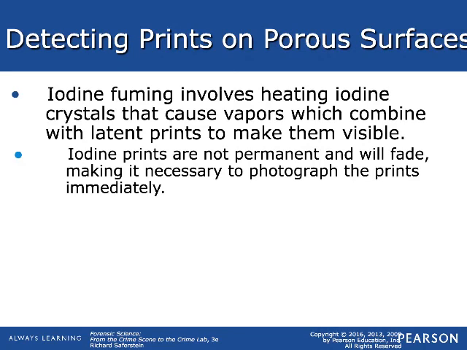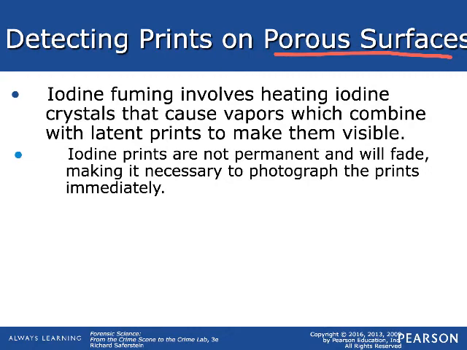Okay, a way to detect prints on porous surfaces is iodine fuming. Iodine comes as crystals, and the crystals will sublimate, like an ice cube. If you had ice cubes in your freezer, and they sit in there for a long time, and you go in and all the water's gone, right? The ice cube is gone because the water sublimates, so it gets turned into water vapor.